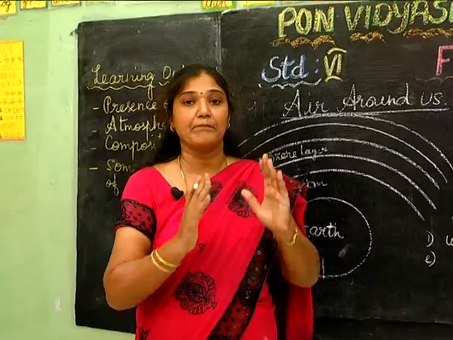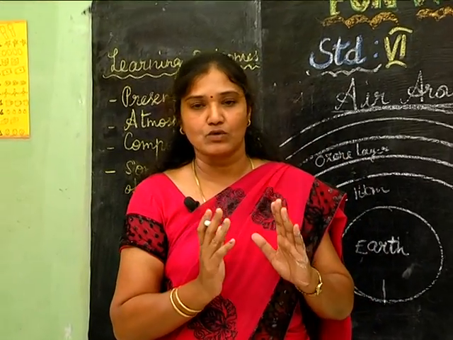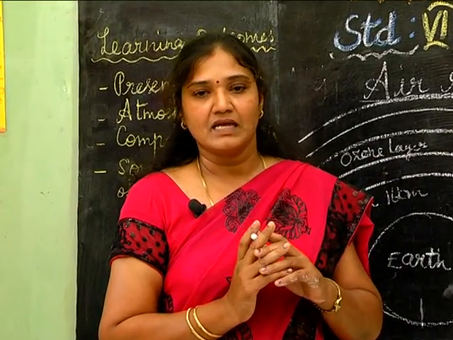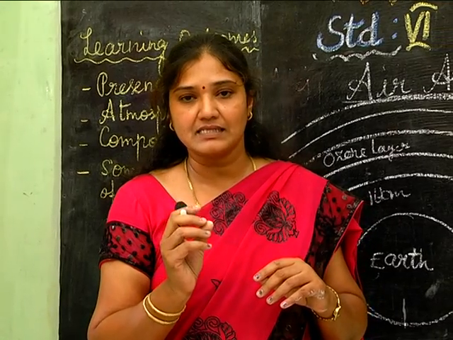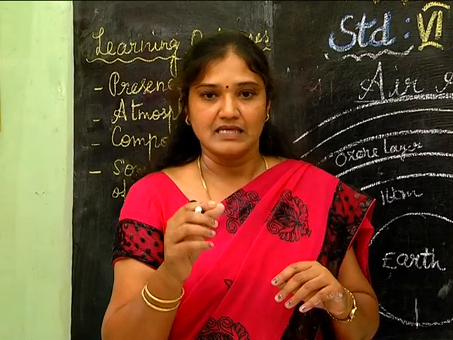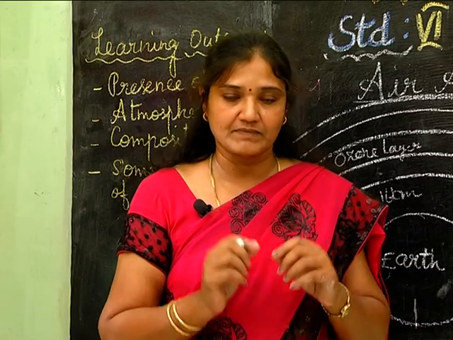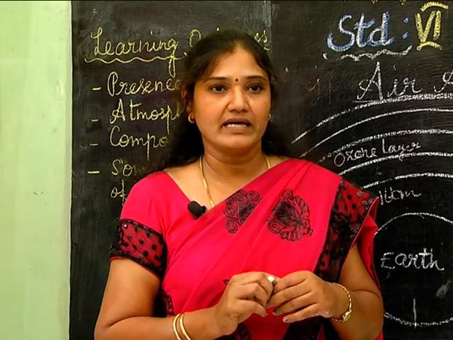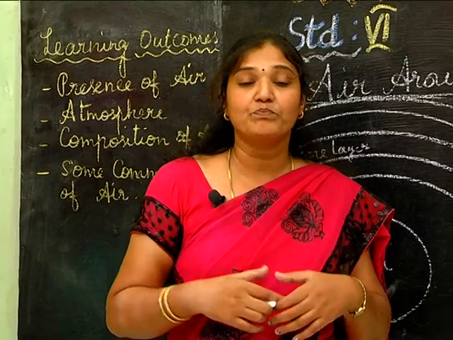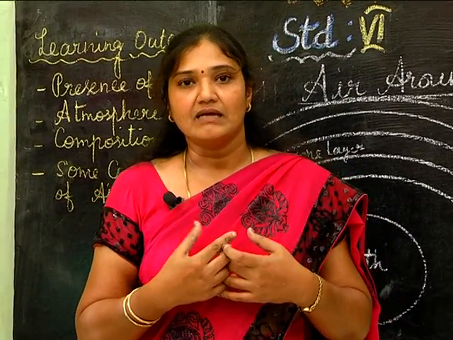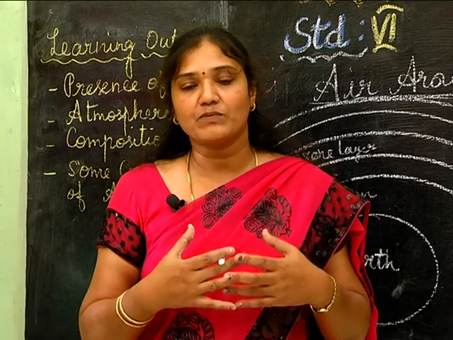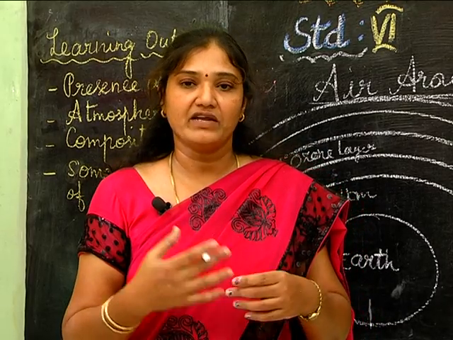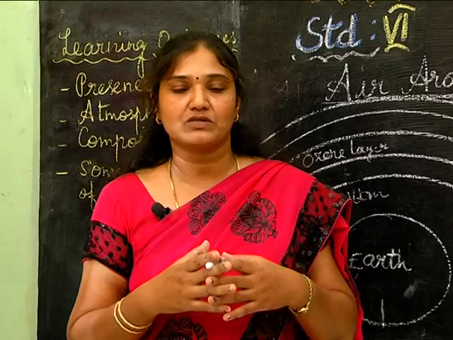Have you ever seen a beam of light entering your room in the morning? We can see some dust particles floating in the air. Yes, air also consists of dust particles, suspended in the air. That is why we are not supposed to breathe through the mouth; it is advised to always breathe through the nose.